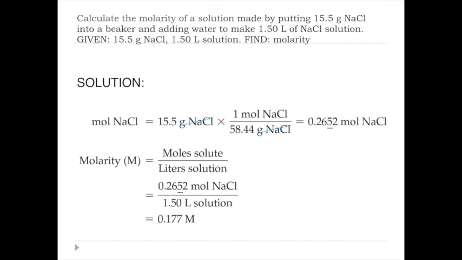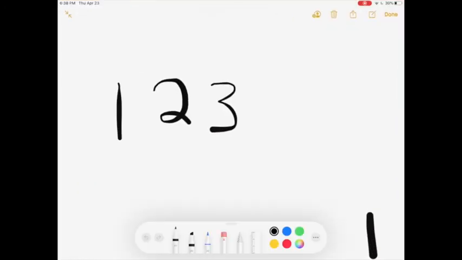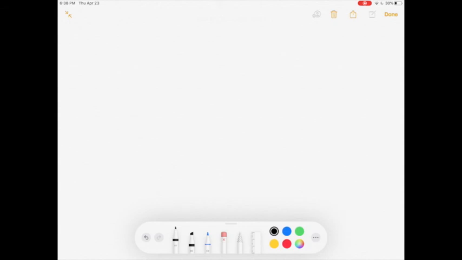Okay, so again, there's lots of different ways to measure concentration. Molarity is just one. Now let's look at your worksheet and do the problems from there. So we have molarity is equal to moles solute divided by liters of solution. Number 8 says calculate the molarity of each solution.